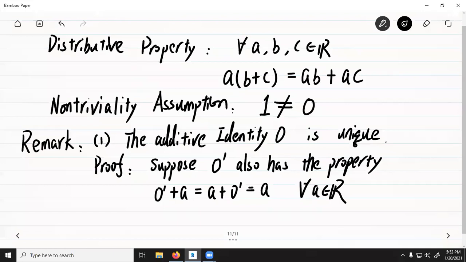This is called uniqueness. So 0 prime is another additive identity, and we need to show that this 0 prime must be 0.